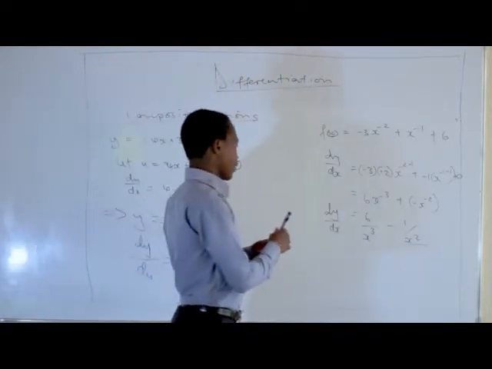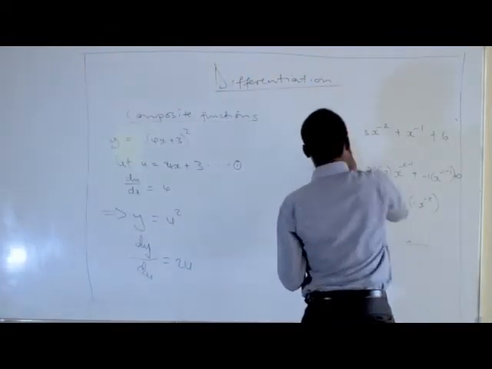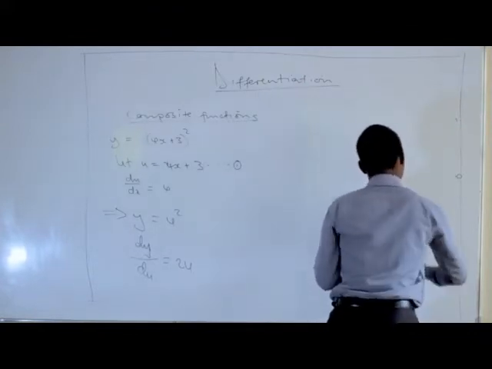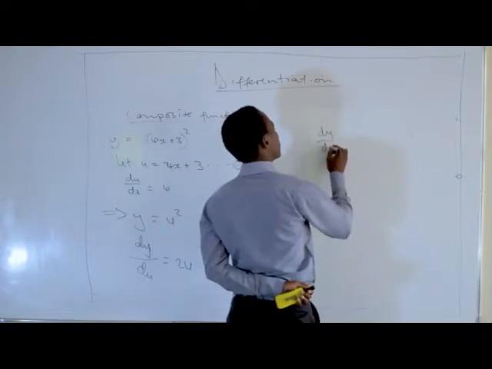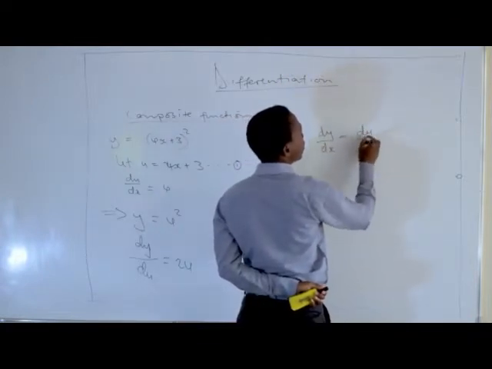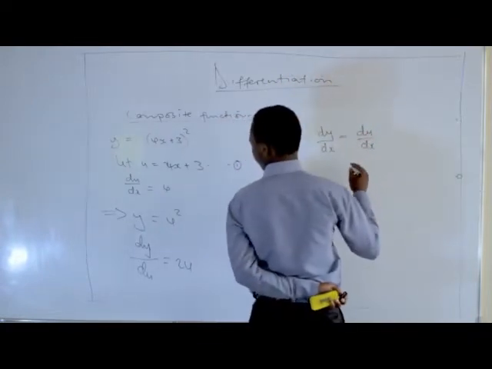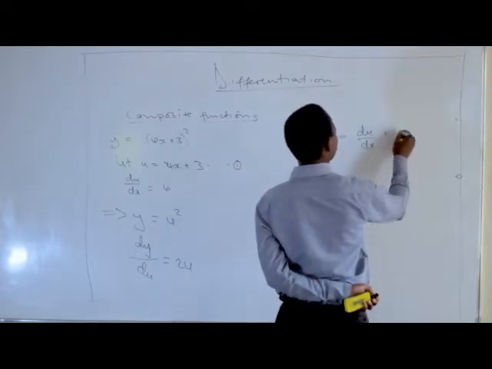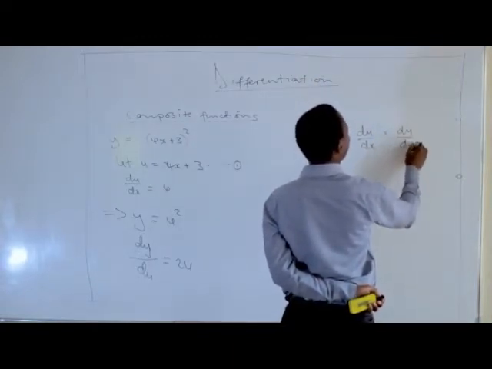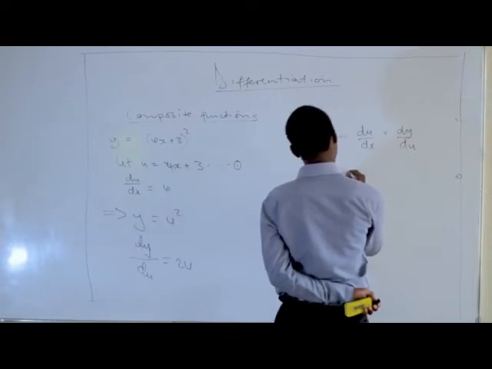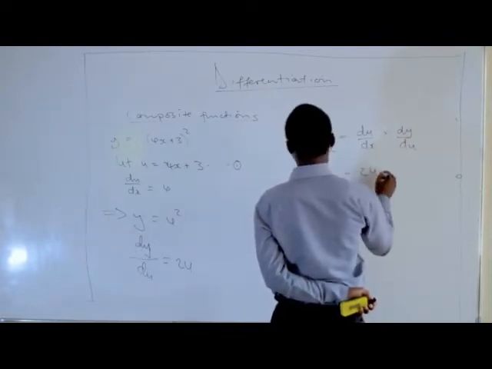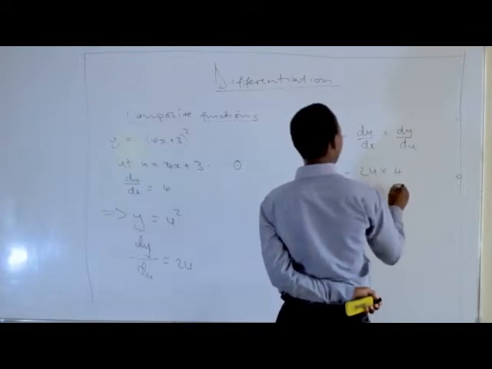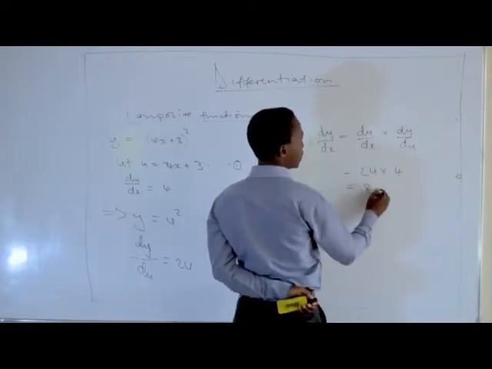Therefore, we now want to look for dy/dx. So dy/dx is now equal to du/dx times dy/du. So this is equal to what? To 2u times 4, which gives us 8u.